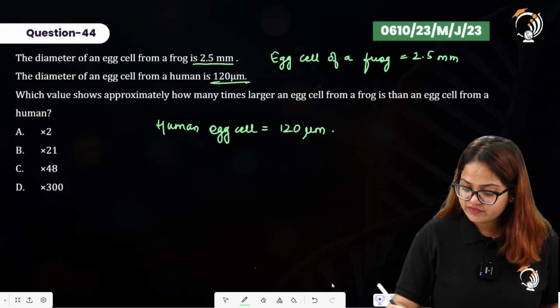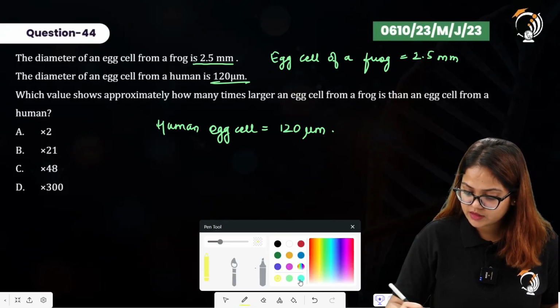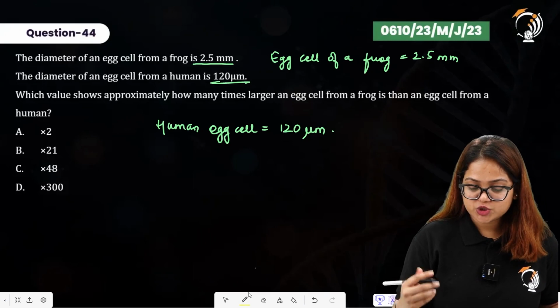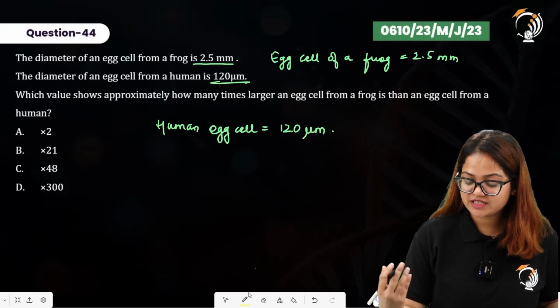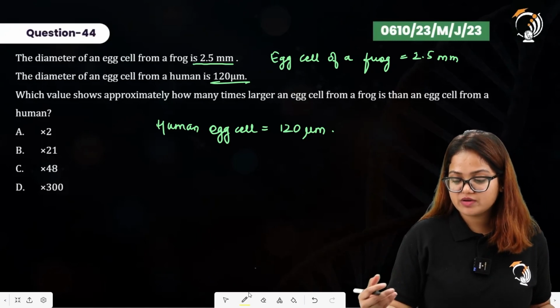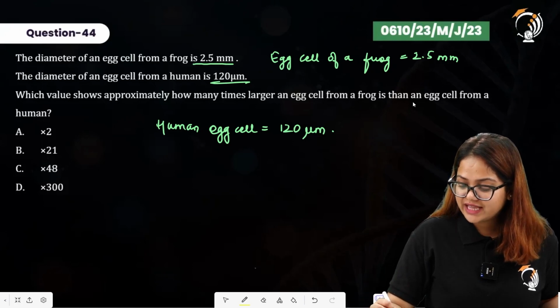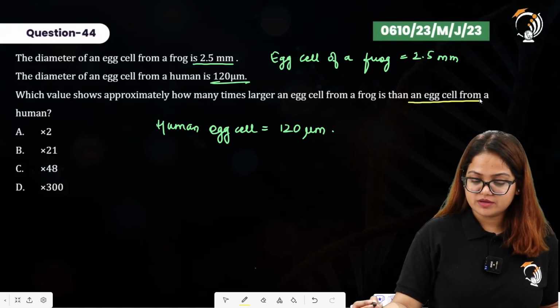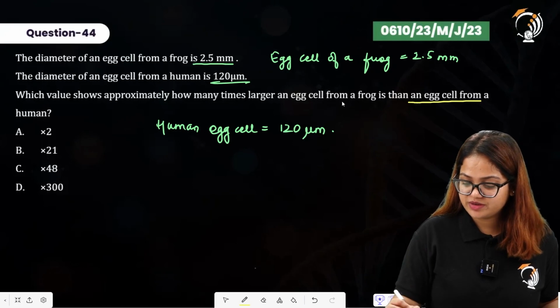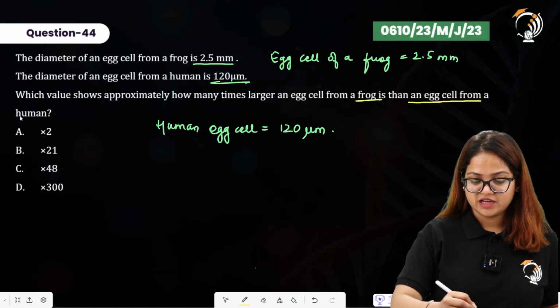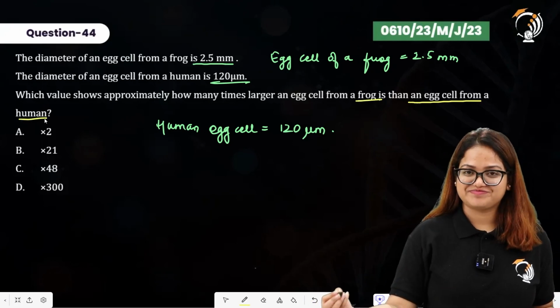Then you have to identify which value shows approximately how many times larger an egg cell from a frog is than an egg cell from a human. So you have to compare the frog egg cell with the human egg cell.